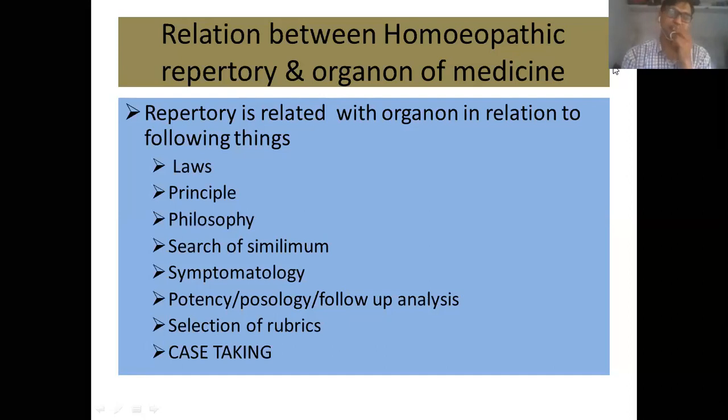And lastly, case taking is a very important aspect of homeopathy. The very important aspect of using repertory is only narrated in the Organon. So we will see these various relationships one by one.